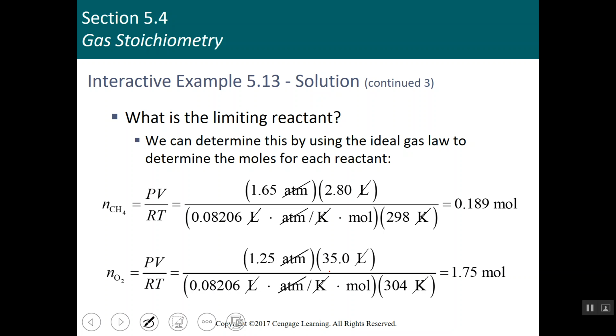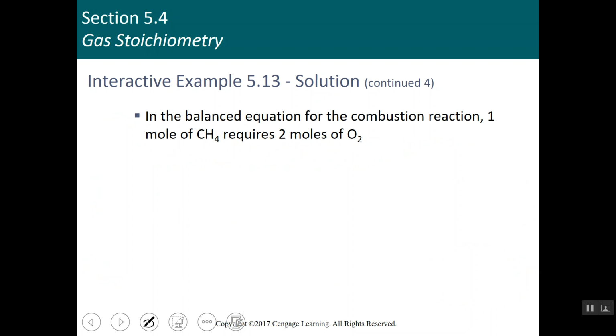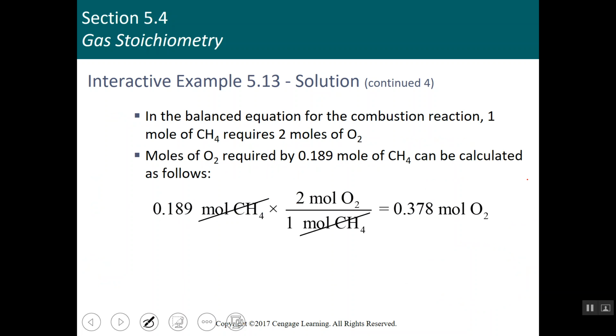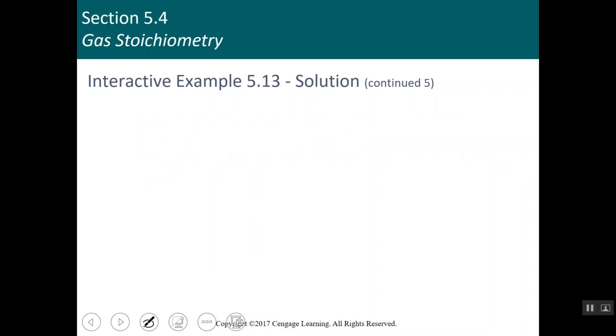So we needed 1 mole of this to 2 moles of this, and notice there are much, much more than 2 moles of oxygen for every 1 mole of methane. So this is our limiting reactant. So, moles of oxygen required, calculated there. So our limiting reactant is methane.